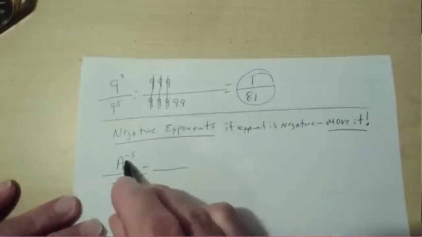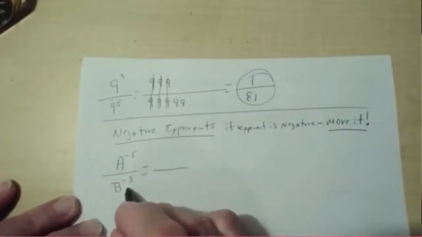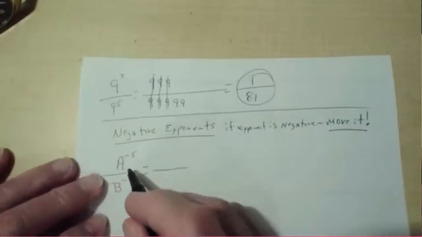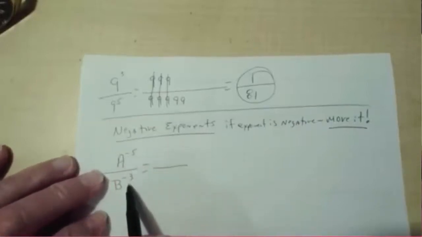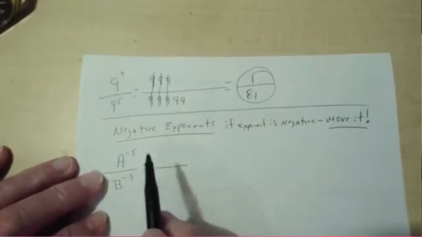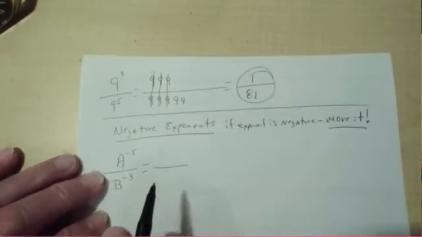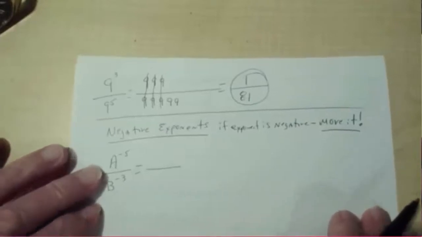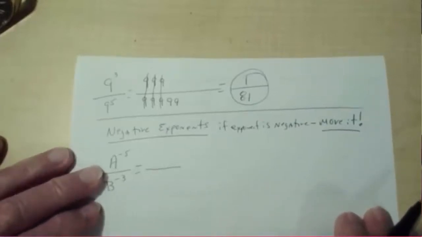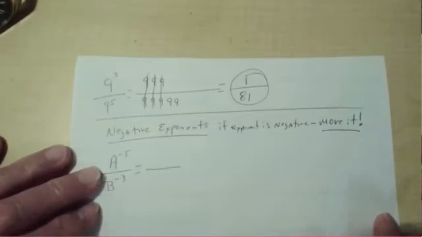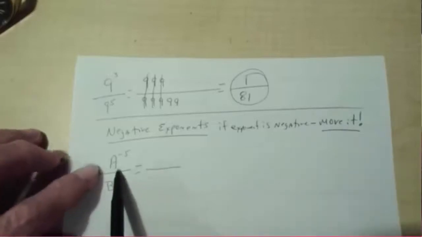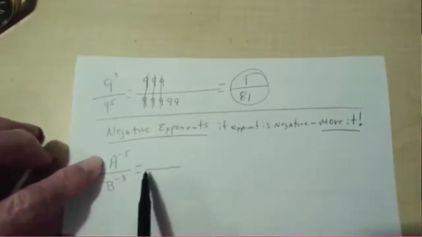If it's in the numerator, move it to the denominator. Or more simply, if it's in the top, move it to the bottom, and if it's in the bottom, move it to the top. If I were you, I would take these one at a time and take your time with it. I do this all the time, and I still make mistakes with this. But draw the fraction bar.